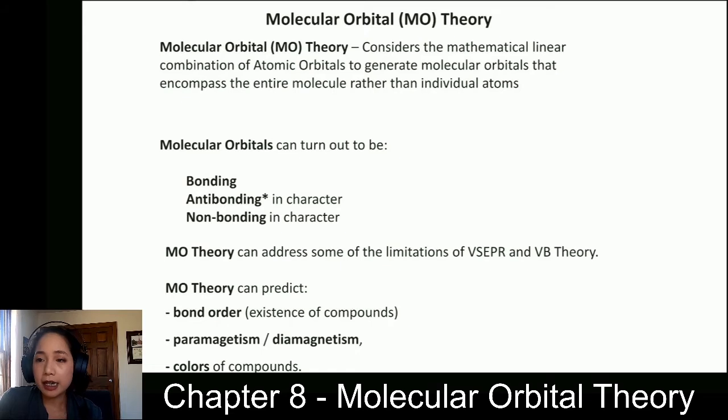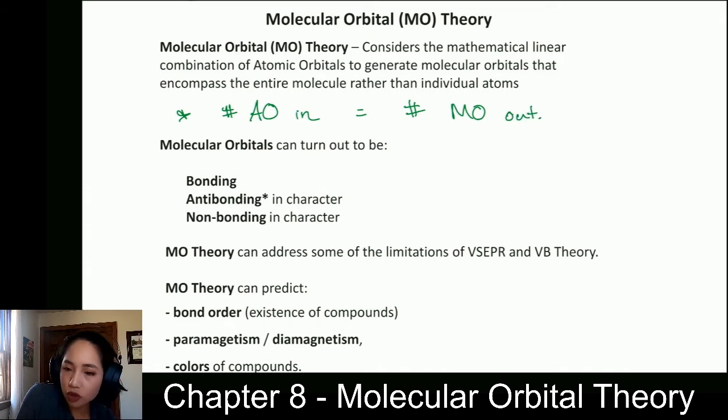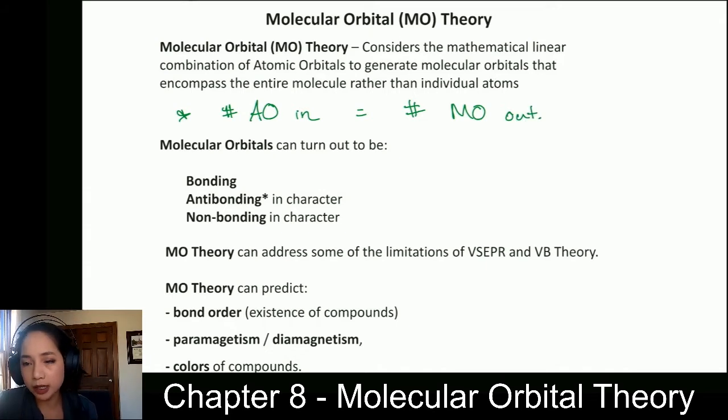So, like I said, the number of atomic orbitals you put in equals the number of molecular orbitals you get out. This is super important, so I'm going to write it down. So number of atomic orbitals in equals number of molecular orbitals out, just like when we were talking about hybridization.